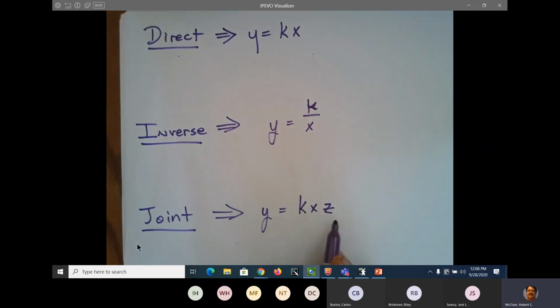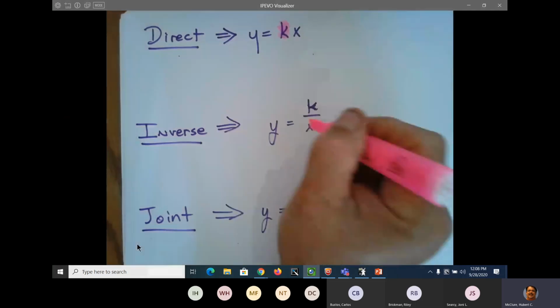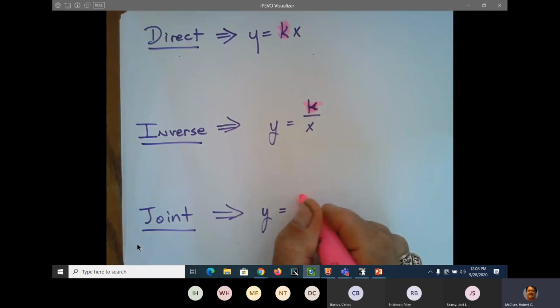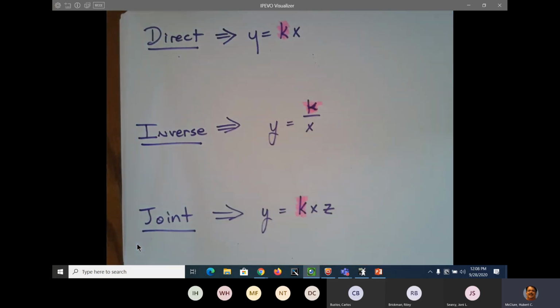Some people put kxw, some people put kxc. It doesn't really matter. The k doesn't change. When you change these other variables, they're interchangeable, but the k is not. I'm going to highlight that k because everything revolves around that k. You don't change the letter k. It stays k no matter what you do to the other variables.